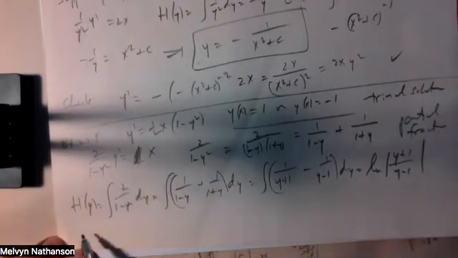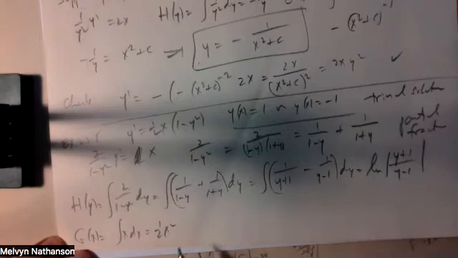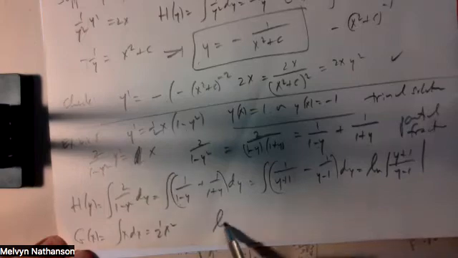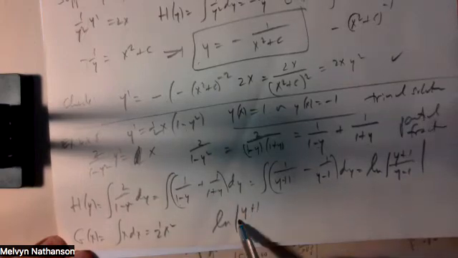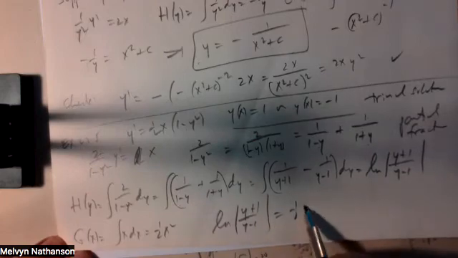And capital G of x is the integral of x dx, which is a half x squared. So we get, at least implicitly, the solution of our differential equation: the log of the absolute value of y plus 1 over y minus 1 is a half x squared plus a constant.